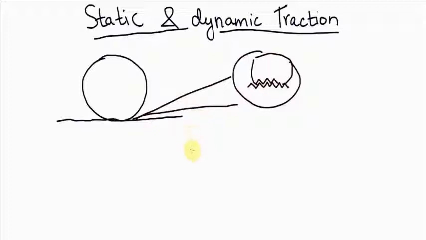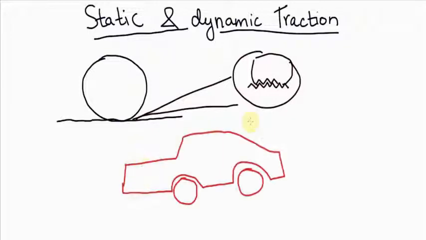But now coming to static and dynamic traction. I have this supercar which is running on a flat road. Let's assume that this is a rear wheel driven car. Obviously all the power will be transferred to the rear wheels.